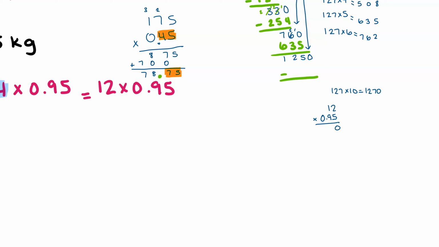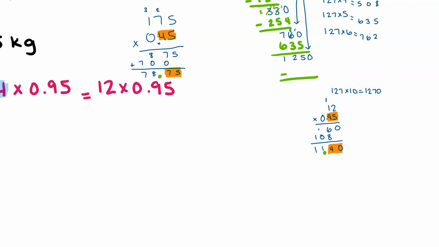5 times 2 is 10, carry the 1. 5 times 1 is 5, plus 1 is 6. And then 9 times 2 is 18, carry the 1. 9 times 1 is 9, plus 1 is 10. So I add these down, and I have 1140. 2 total decimal places means 2 total decimal places.